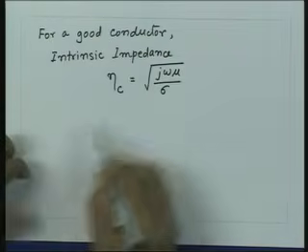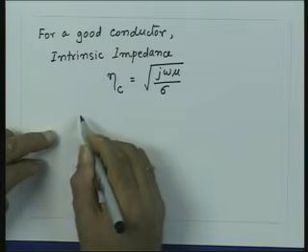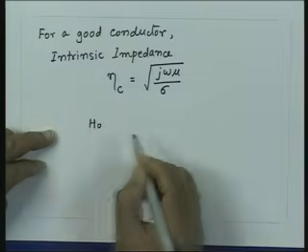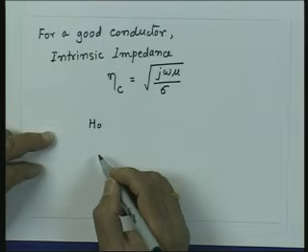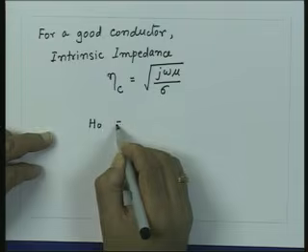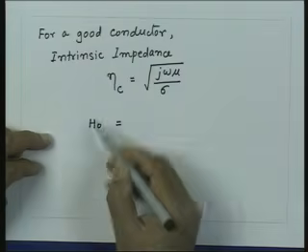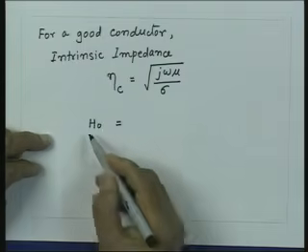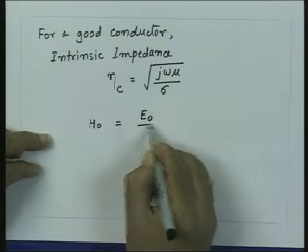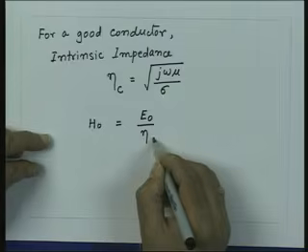And the electric field and magnetic field are related, that E naught upon H naught is eta. So, H naught will be E naught upon eta. So, this quantity will be E naught upon eta c.